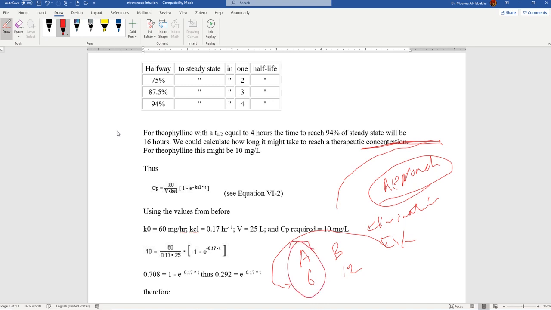Of course drug A. So notice that it doesn't depend on K0. It depends on the half-life of the drug. That's why drugs with shorter half-lives reach the steady state, or approach the steady state, much faster than drugs with longer half-lives. Okay? I hope this is very clear.